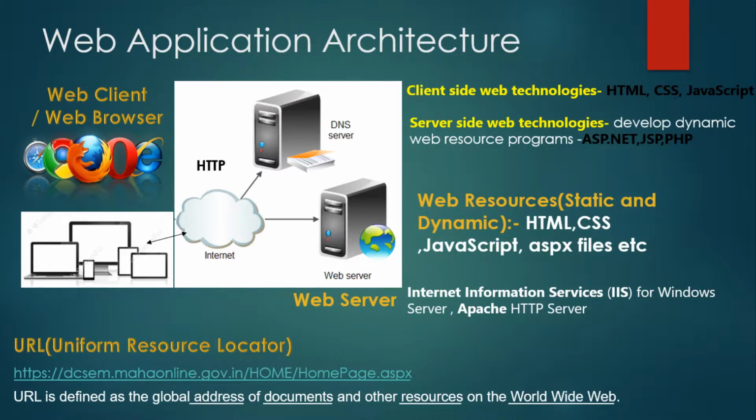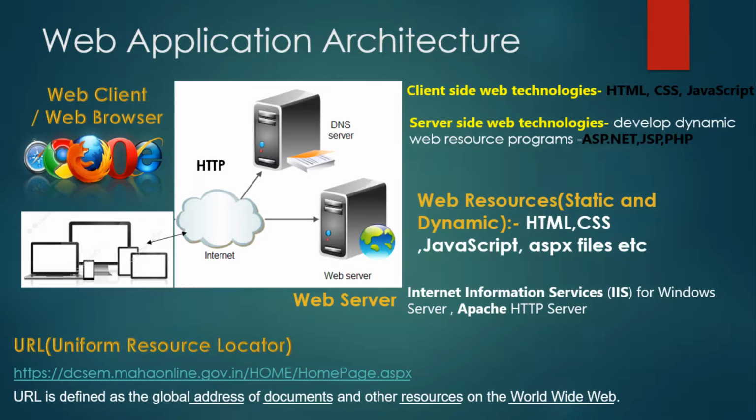If you are requesting an HTML file, the server will directly take that file and send it to the web client. But if it is a dynamic resource, suppose an ASPX file, that contains the database connection part and all the dynamic parts.